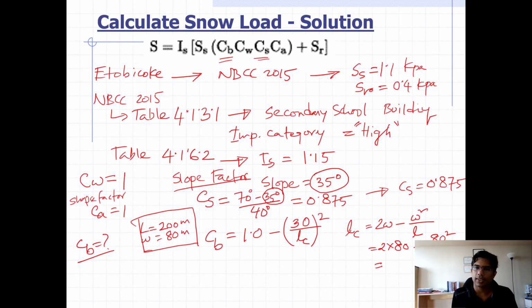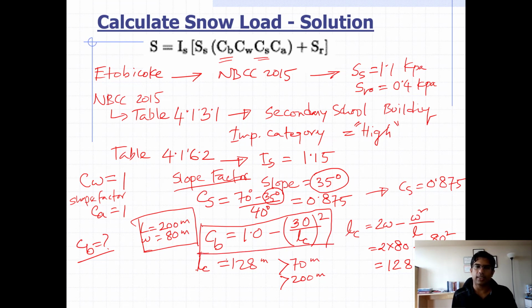So we find the characteristic length as 128 meters, which is more than 70 meters. So we need to use this equation.